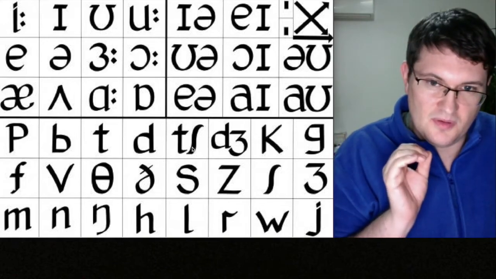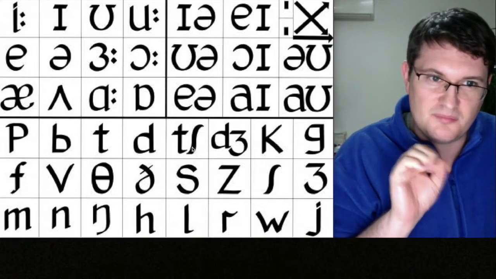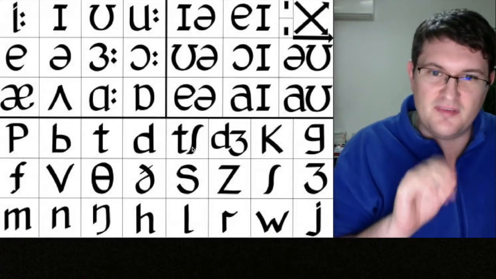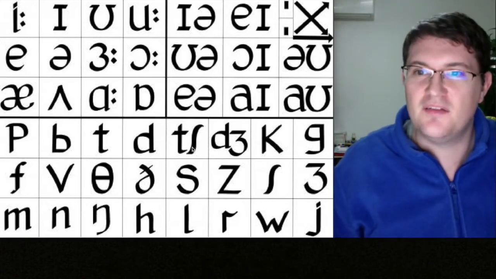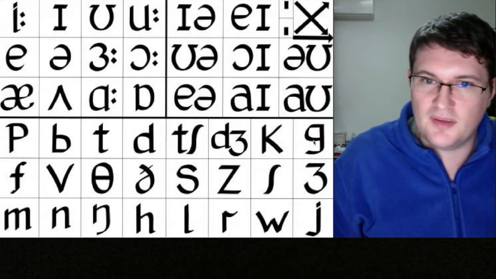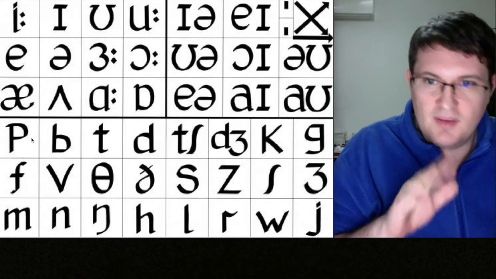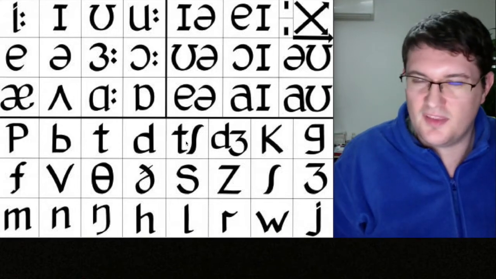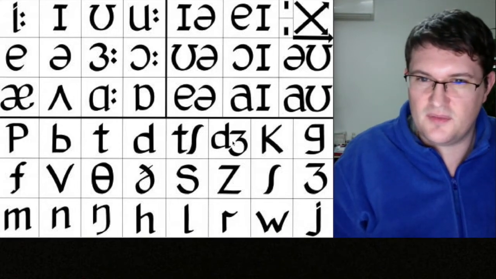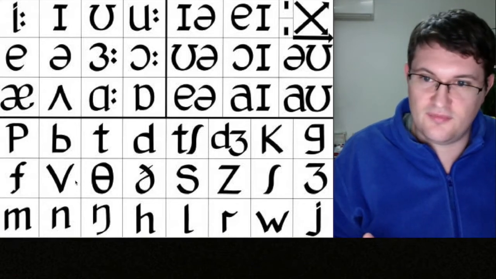It's like you hold it just a little bit and then a little bit of pressure goes out, or a little bit of air comes out. So just think in terms of the top row here of the consonants, it involves holding some air and letting it go. And most of them look similar to what they sound like in English except for these two. The next row down is the same thing.